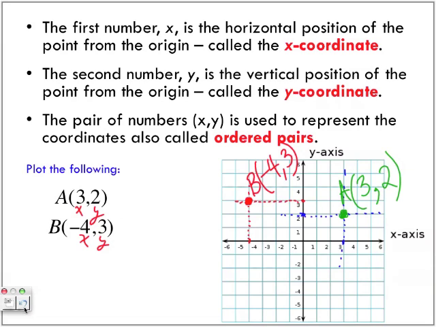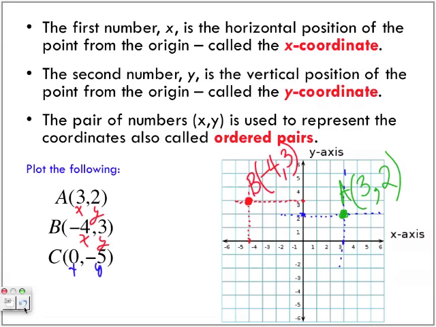So eventually, once you get the practice, you won't have to draw these imaginary lines to show where they meet. You can almost look at it and go, okay, -4 and 3, and find it from that point. Now, let's look at another coordinate here, 0 and -5. So we look for 0 on the x, -5 on the y. So we start now at 0.